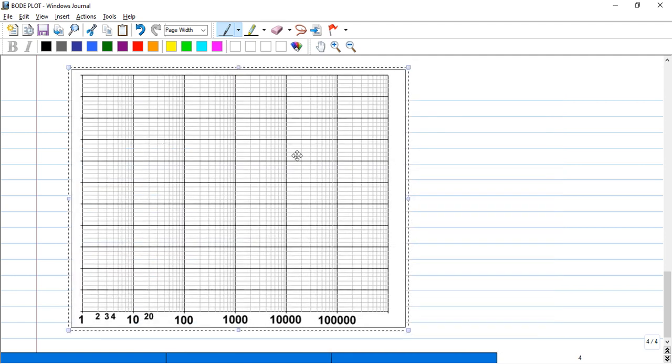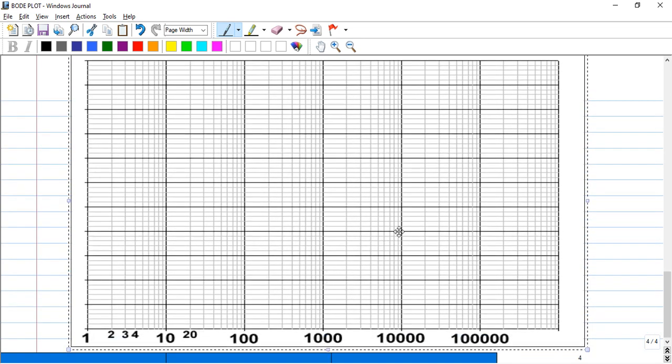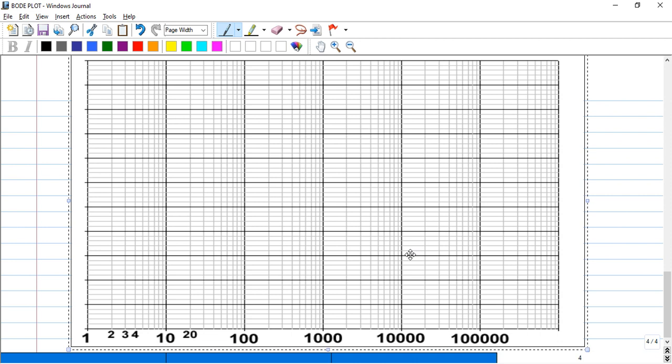I hope everyone has brought this semi-log graph. Here we are going to plot the magnitude in dB, that is decibel, and phase angle in degrees against log omega. So that will be the input value.